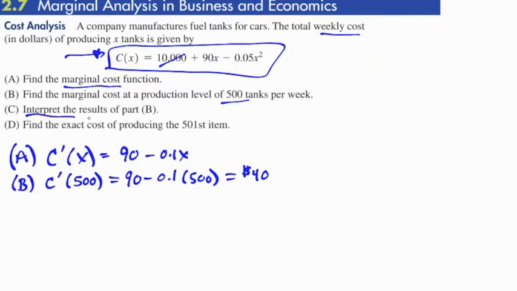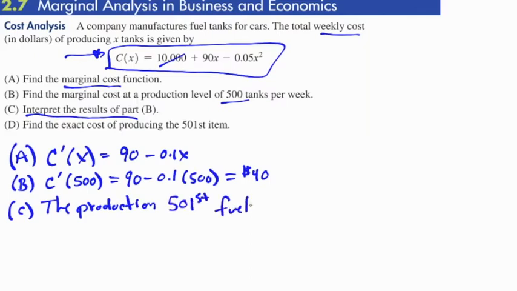Part C asks that we interpret the results from Part B, and what this says is the production of the 501st fuel tank will increase the weekly cost by $40.